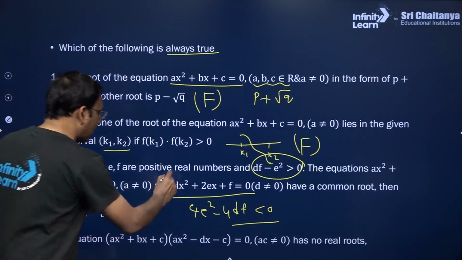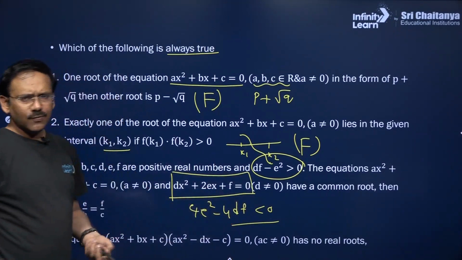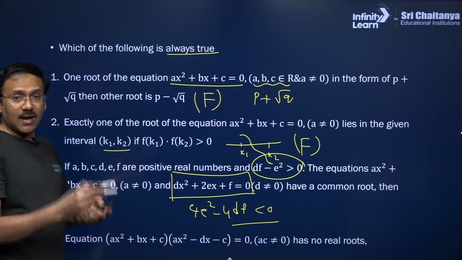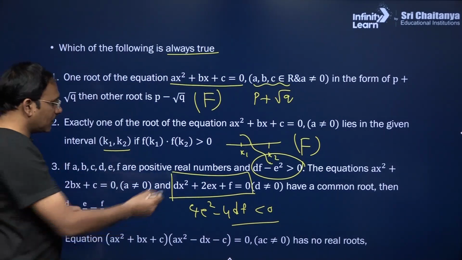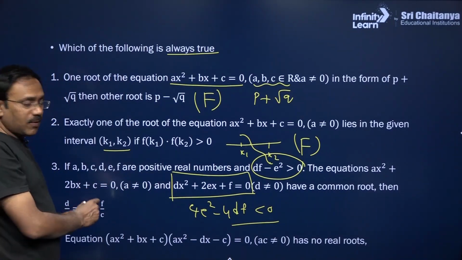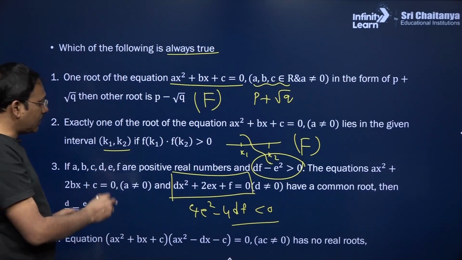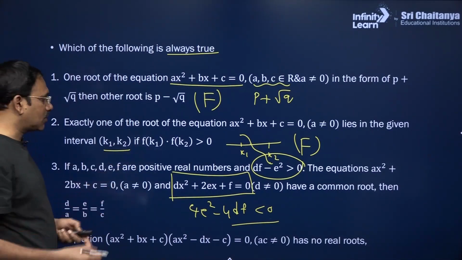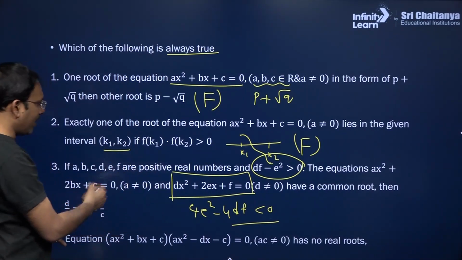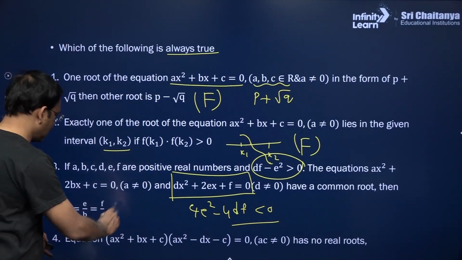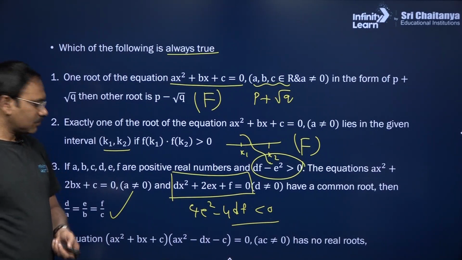So it is going to have imaginary roots which are conjugate to each other, but he said these two equations have one common root. So if they have one common root, since the coefficients are real, they must have second root also common. That means the equations have both the roots common, so I can say d by a is equal to 2e by 2b is equal to f by c. So this statement is correct.